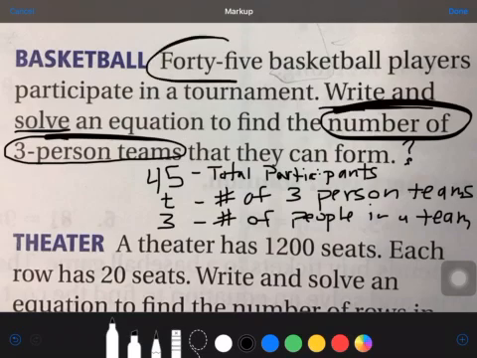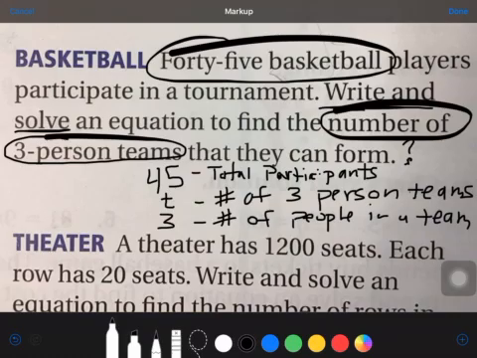I've got 45 basketball players, and I have the number of people in each team. So how am I now going to take these and put them in an equation that matches these relationships?